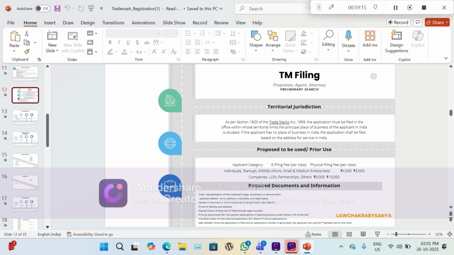Once you've run all of these searches, if you found nothing and there is no similar mark, you also run a Google search. We'll see in our slides when we talk about landmark cases that even if there is a domain name registered with the same name or a similar mark, that can be a problem for your client.